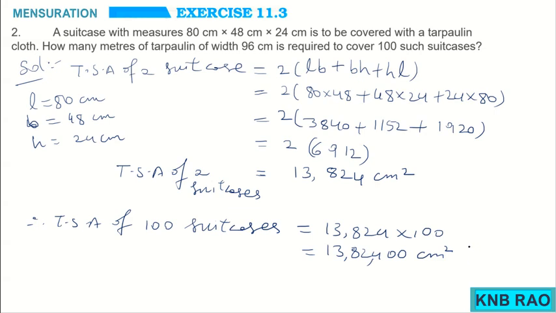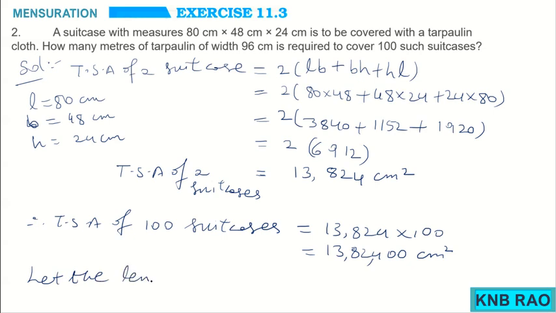Now moving on further, we need to find how many meters of tarpaulin of width 96 centimeter is required. Let the length of the tarpaulin cloth required be n centimeters, that we are assuming.